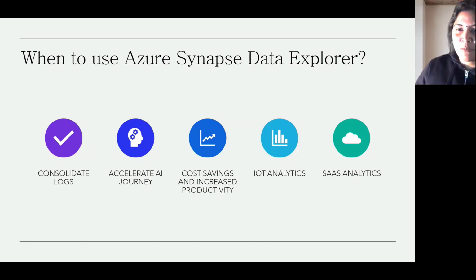Don't come and tell me that you moved everything to Azure and expected it to be cheap. As I said, a lot of organizations are storing telemetry data, but you need to be clear on what data you want to store. If you just use it as a dump, then there is no cost savings or increased productivity.